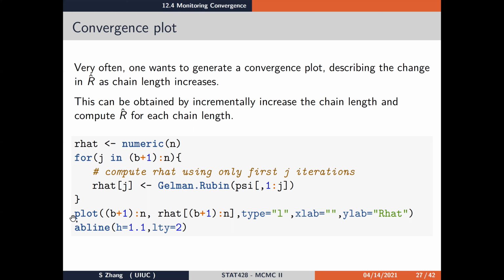And then we can plot it where the x-axis is the chain length and the y-axis is the corresponding R hat statistic computed at that chain length. We'll also include a dashed line at 1.1, indicating the threshold of 1.1.